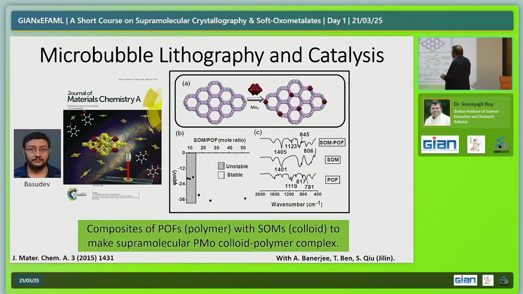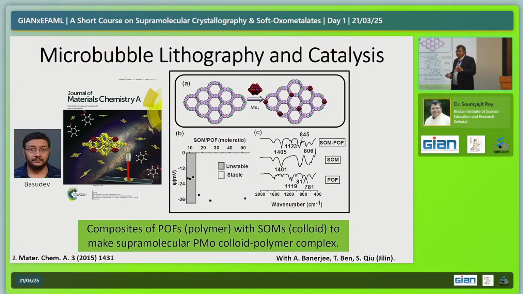So then, with Vasudev, we also joined hands with Benthang and Professor Cho Shilan from Jilin University. So they made this type of porous organic frameworks for us. And then we were able to put these Mo7 type units. This is positively charged, this is negatively charged. This is a very simple unit.